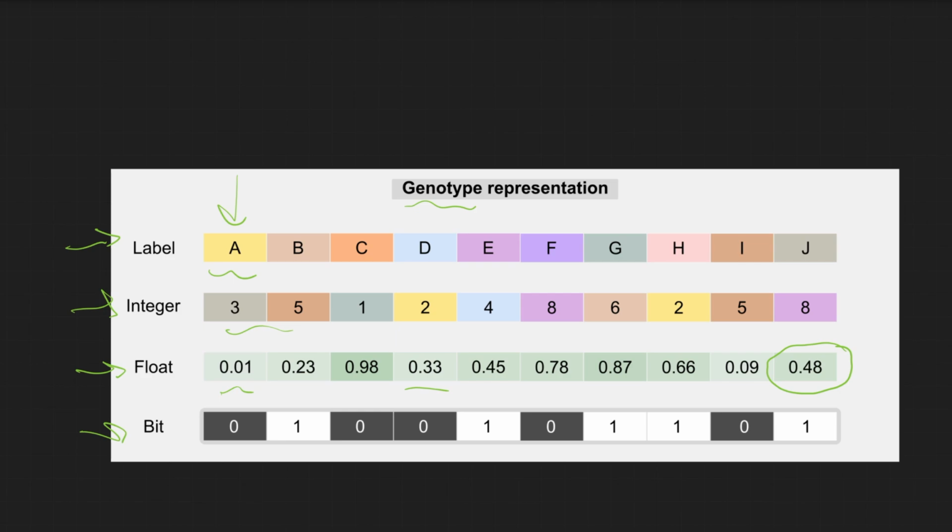Instead, if we are evolving images, then in that case, maybe an integer representation is more appropriate, because we can represent bytes like numbers between 0 and 255, and therefore they can be just integers. Or we can go down to the bit representation for the image. In that case, we can go to the single bit and we can encode the image with a bit representation. So it really depends on which type of problem you're trying to solve, but we'll go into more detail later on in the course.